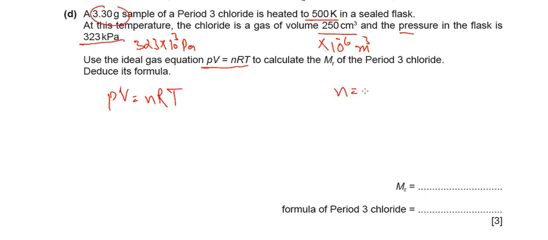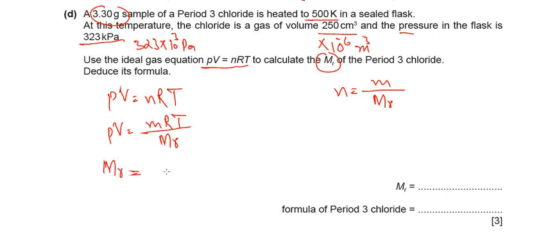Remember, n can be calculated by taking the mass and dividing it by Mr. So PV equals mRT divided by Mr, and as we are only asked to find the Mr, I'm going to move the Mr to one side, and then we have mass times RT divided by PV.